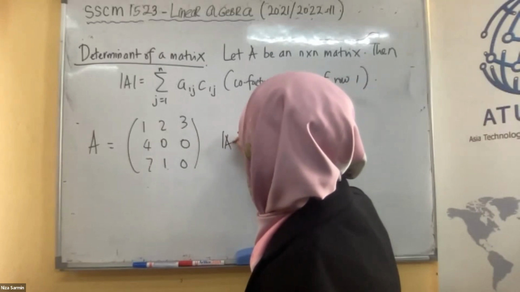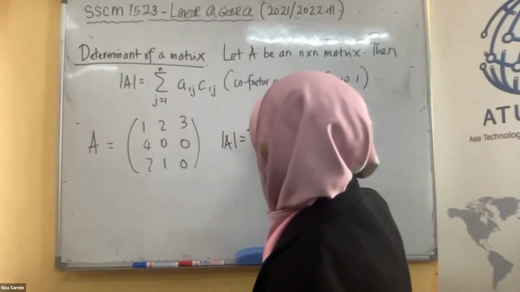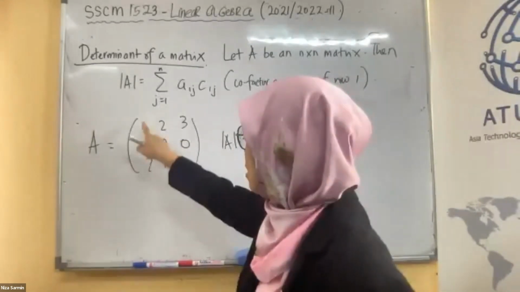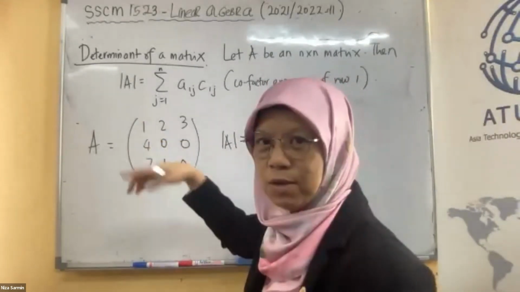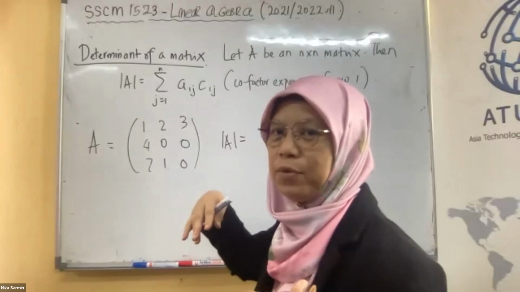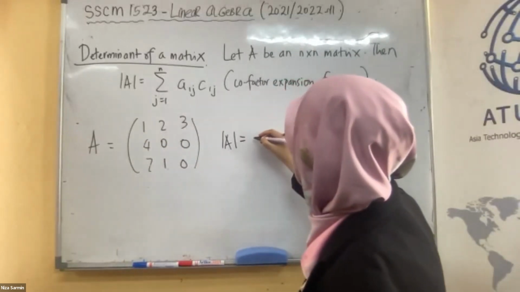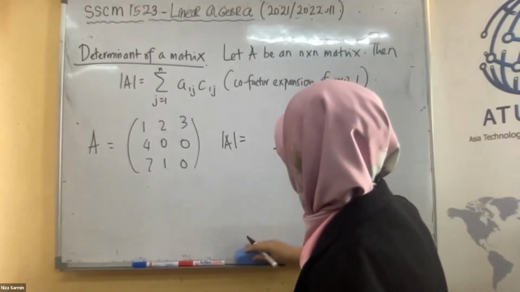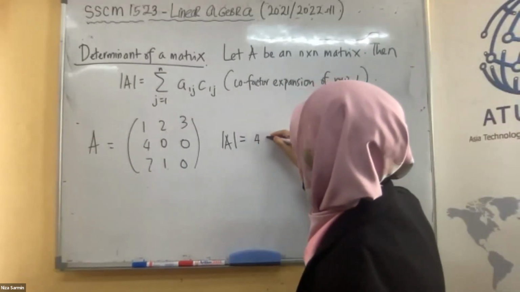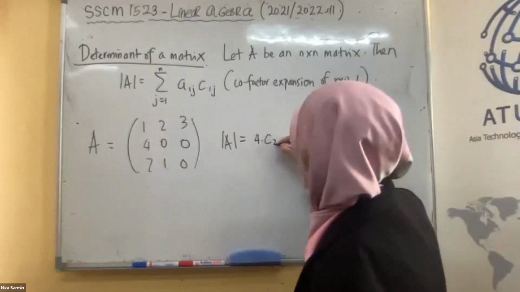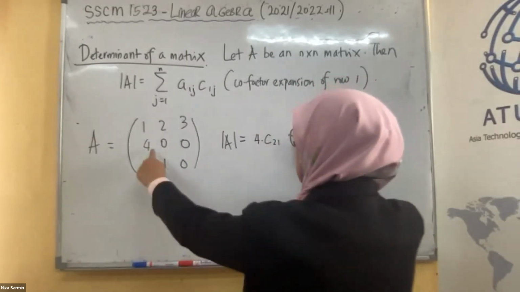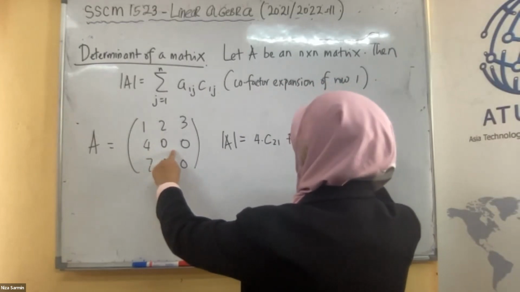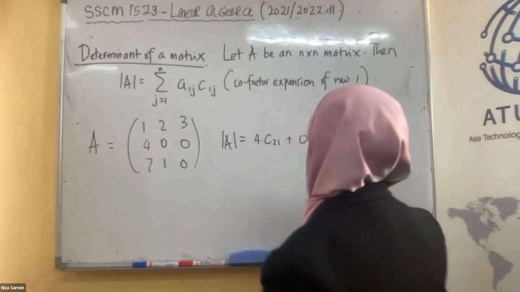So, this is plus minus. I will start with plus minus and I will take the M, right? So I put, or you can do it like this: 4 times C2,1, plus 0 times C2,2, plus 0 times C2,3.